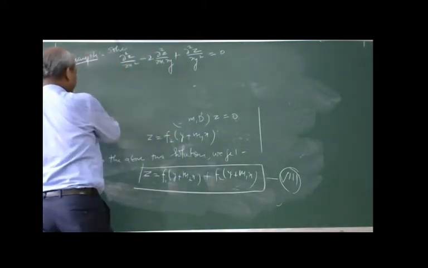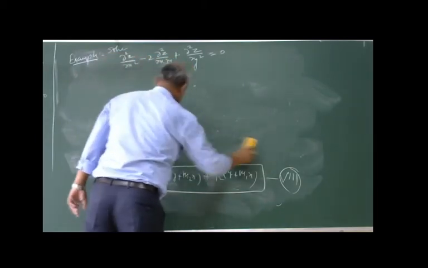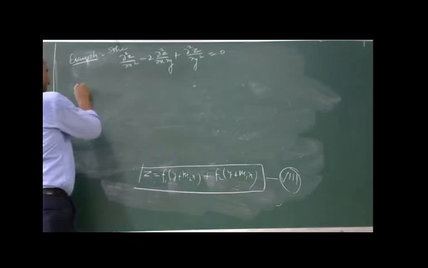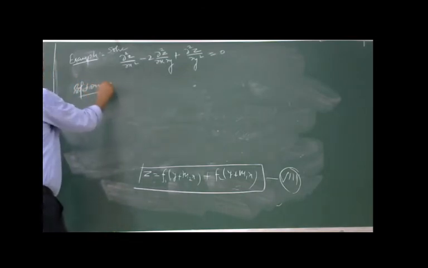Solve this. Here the question is given like this. So what is the solution? How to get the solution of this equation? Let us take the solution to be of this type.